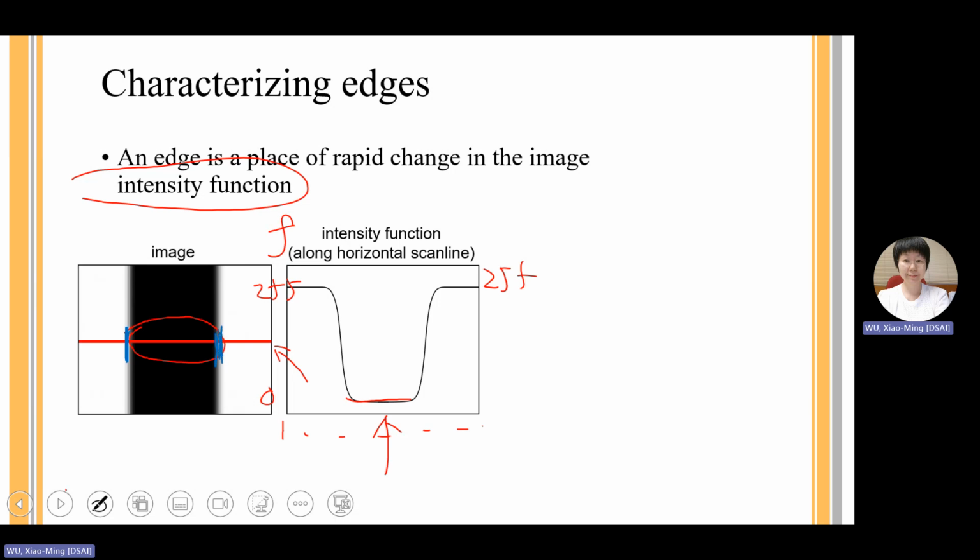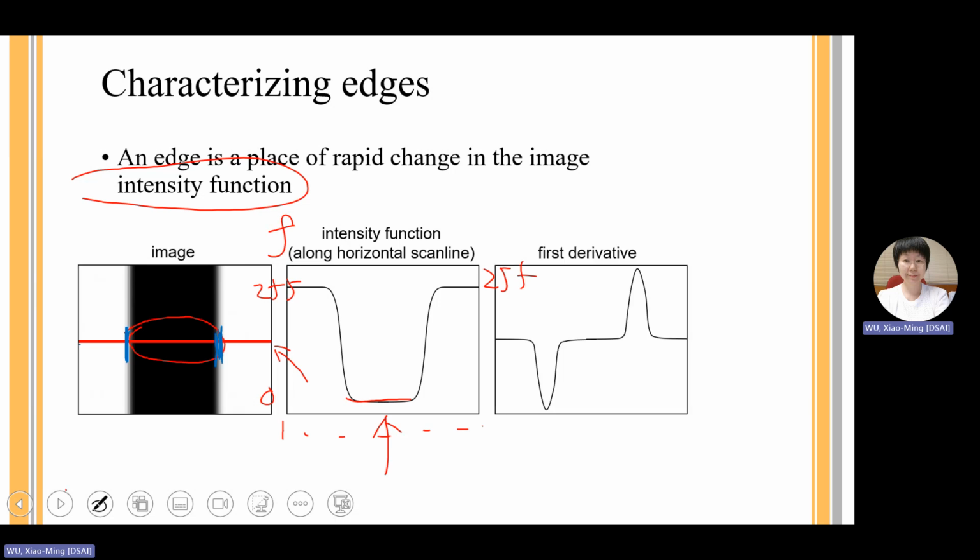Edges occur when there's a significant change. And how can we capture such changes? Remember, we compute the differences between neighboring pixels, and such differences are represented by the first derivative.